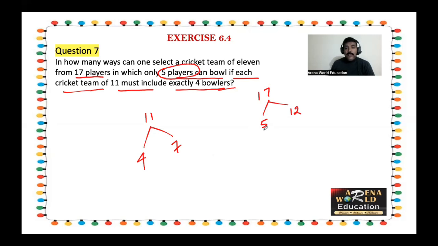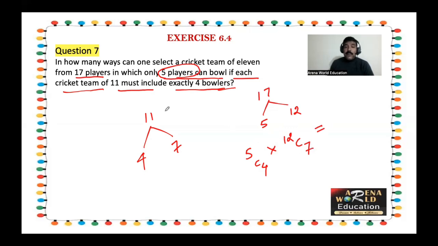So what we are doing, out of 5 we are selecting 4, and here out of 12 we are selecting remaining 7 players. So 5C4 into 12C7. So directly I'm writing the answer. I think at this point, everybody knows how to find 5C4 into 12C7.